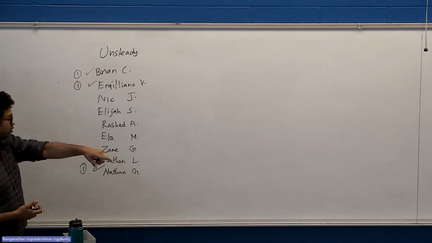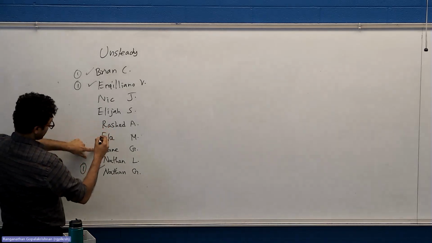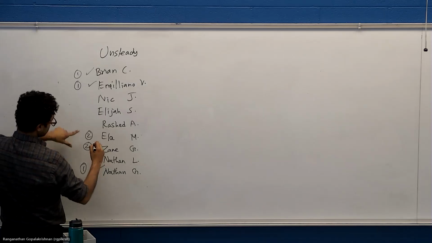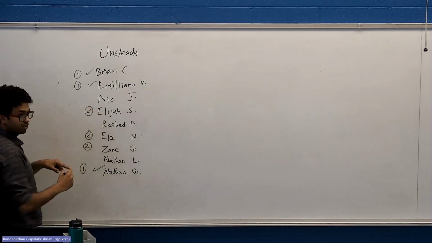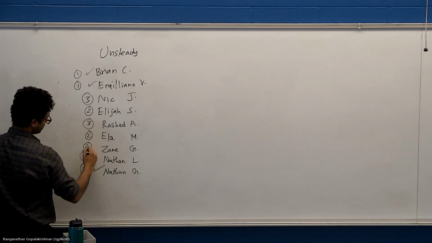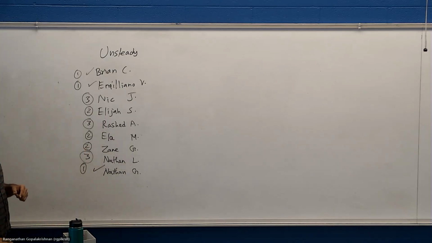You want to join their group? Sure. So we have Zain and Elijah. Good. So then the third. So you guys are doing the unsteady problem.